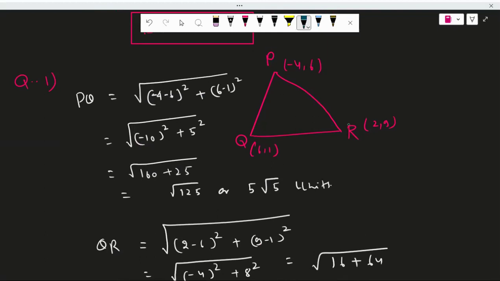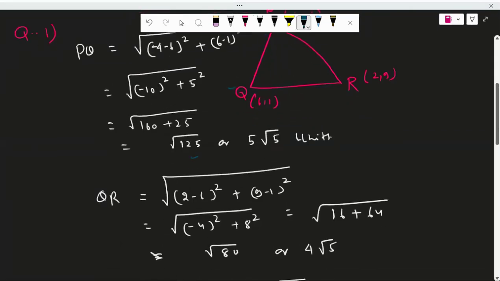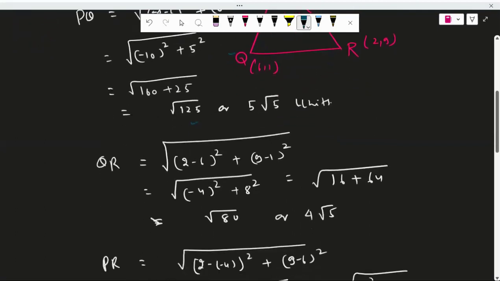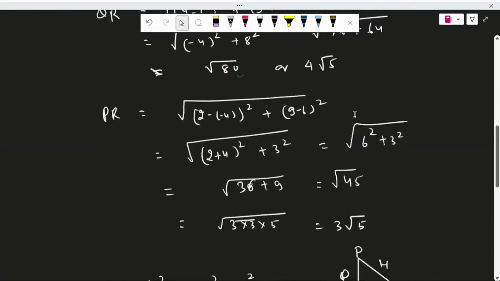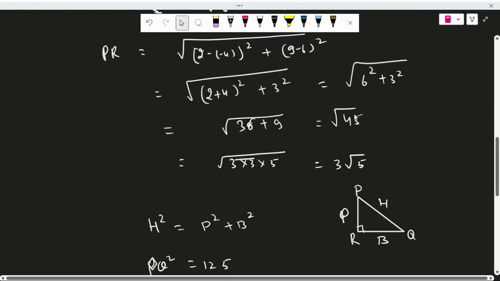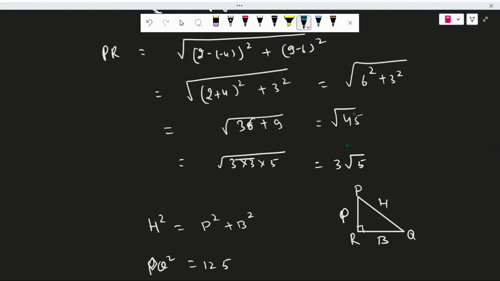Taking negative 4 minus 6 for these two points, PQ comes to square root of 125. Then we determined QR, which comes to square root of 80, and PR, which comes to 3 root 5 or square root of 45.